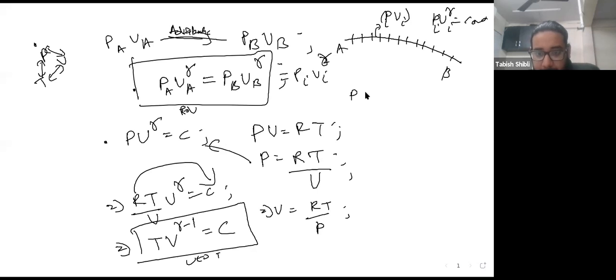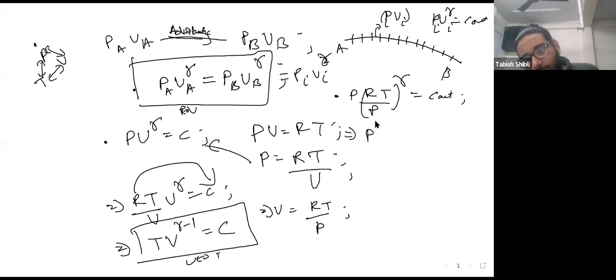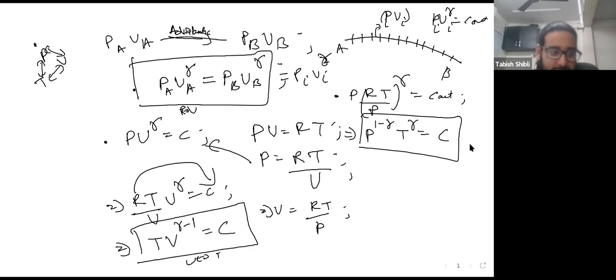You have P into RT divided by P, all to the power gamma, is equal to a constant. This would imply that P to the power 1 minus gamma, and R to the power gamma I can take to the other side and absorb into the same constant, and T to the power gamma is equal to constant. So this is the relationship between T and P. So this is how one defines an adiabatic process.